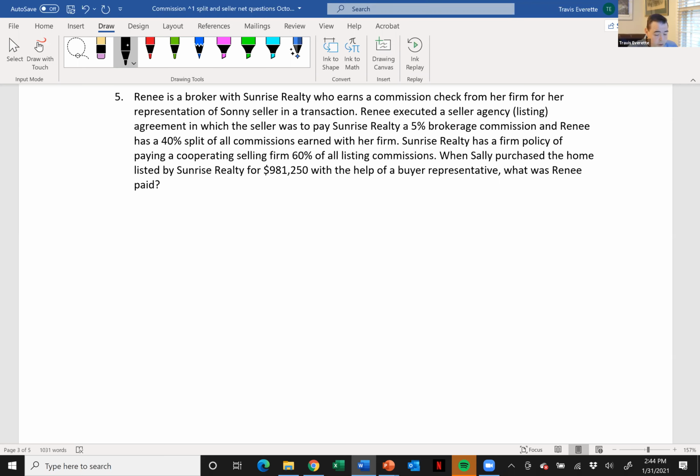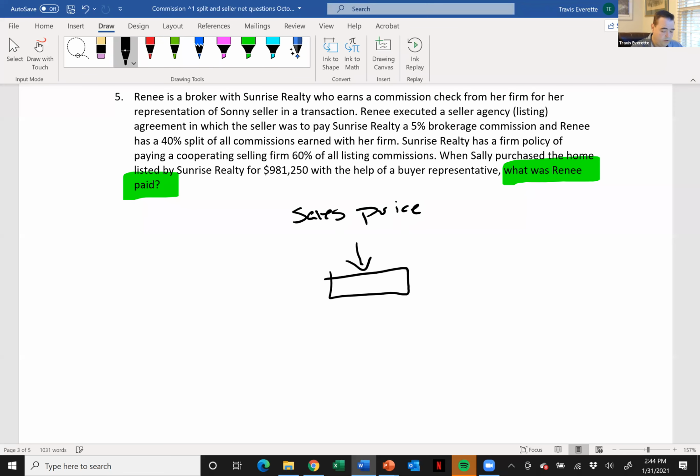But here we go. Here's our question: what was Renee paid? They want to go all the way down to the bottom, all the way to the agent level. So we're going to map it out here. We're going to start with our sales price at the top. And of course, we know from that sales price, we get our total commission.